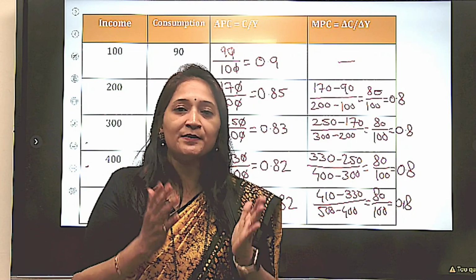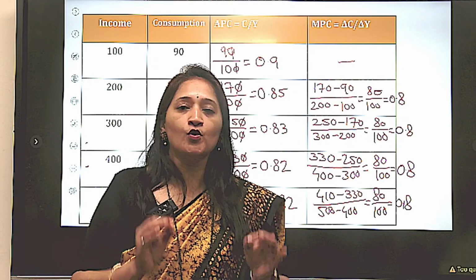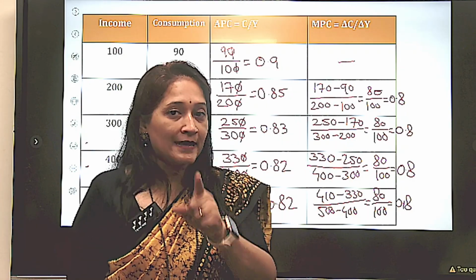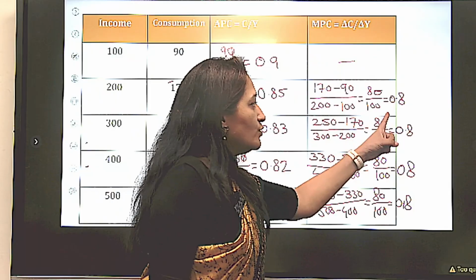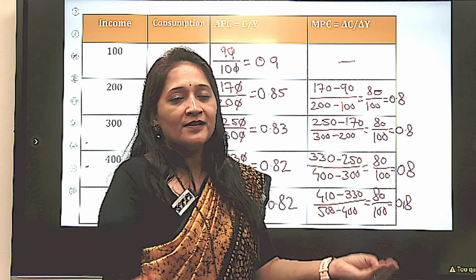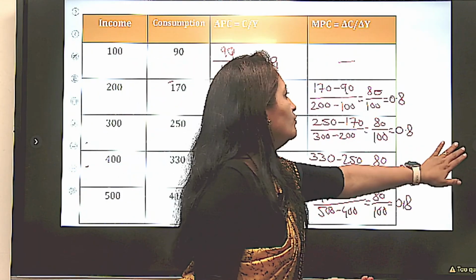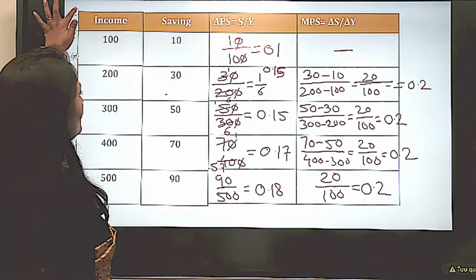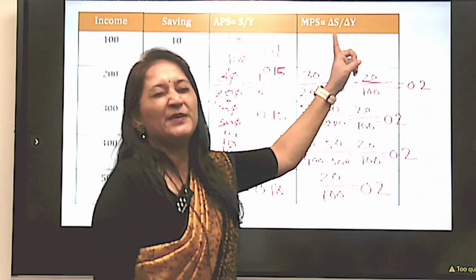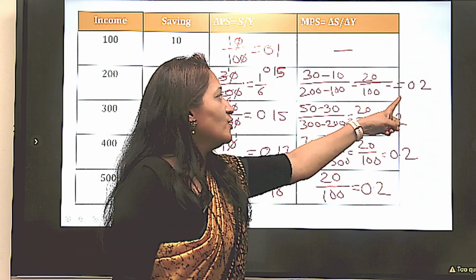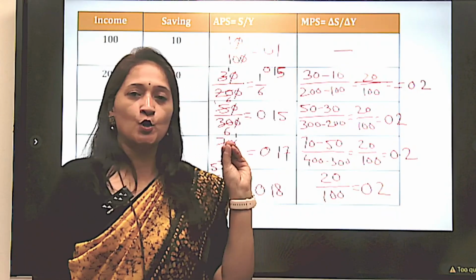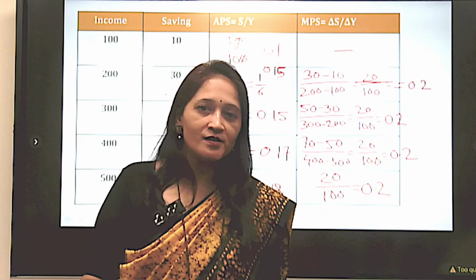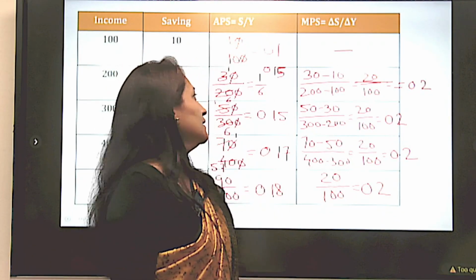Obviously 20% is left, which is going to become savings. That's the reason the MPC value is 0.8. That automatically tells you that the MPS value is 0.2. So 0.8 plus 0.2 makes up 100% of income, right?